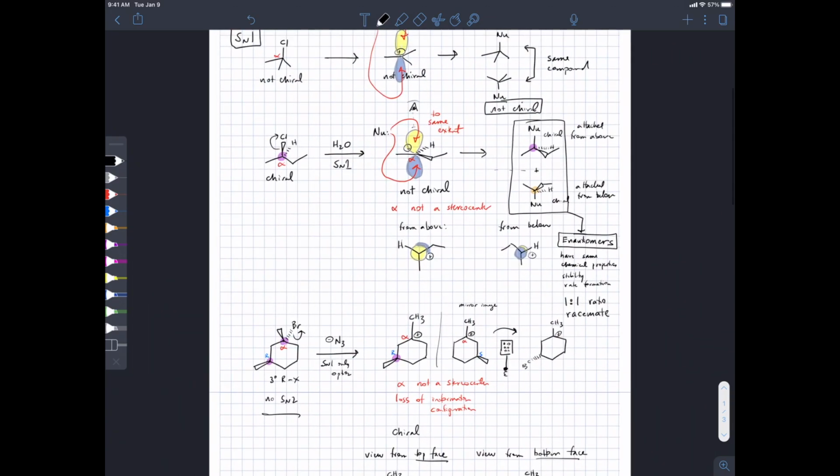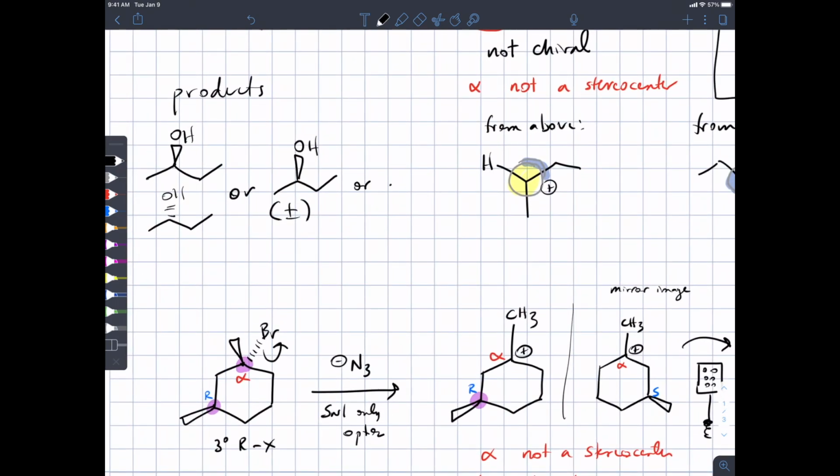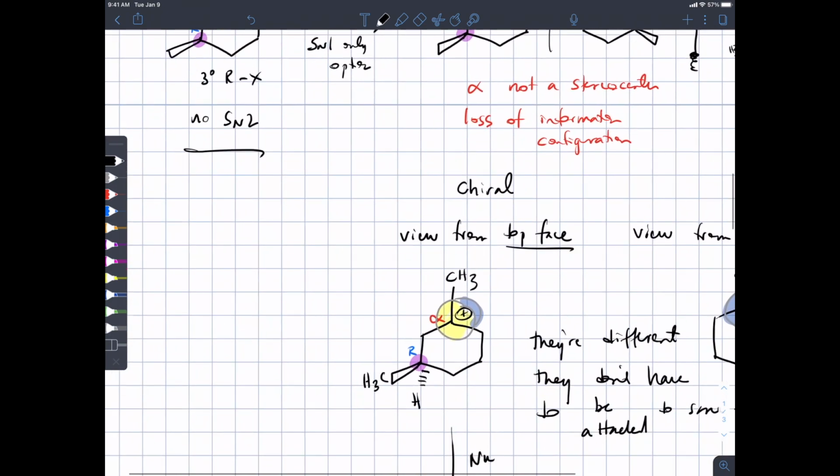If I wanted to convey that the product of this reaction gave me 2 enantiomers, I could draw the products as I've drawn them over there, or I could draw both enantiomers, or I could draw just one enantiomer with the plus and the minus, or I could draw no dashes or wedges whatsoever, and that communicates that both configurations are possible at that stereo center. That's just fine.